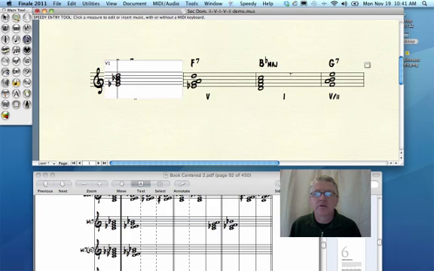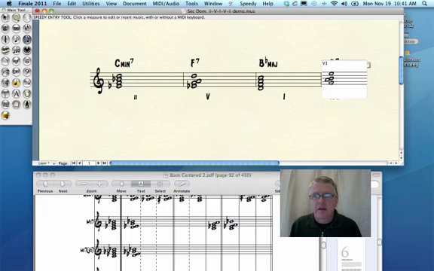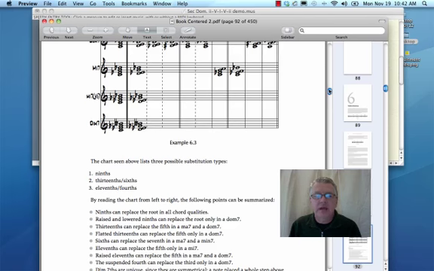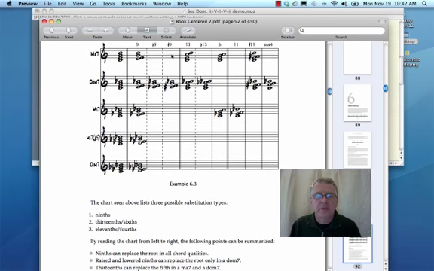So what do I need to do? I need to put a flat 9 in. Put a flat 13 in. This chart didn't tell me to do that. It did say that I can use flat 13s on dominants.